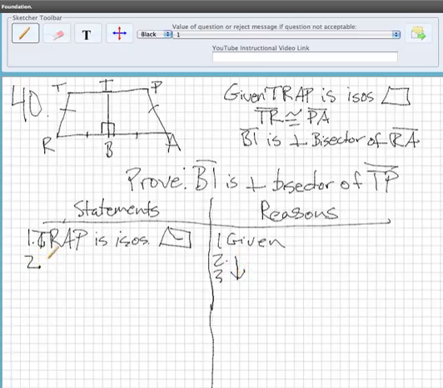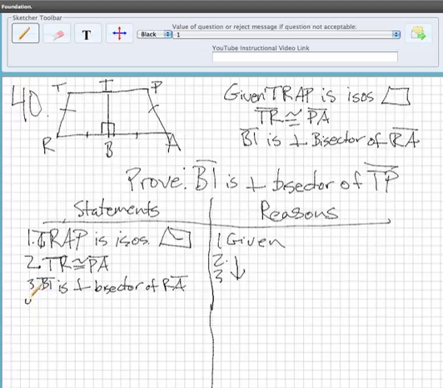So 2 is that TR is congruent to PA, and 3 is BI is already a perpendicular bisector of RA. So those are both given as well.